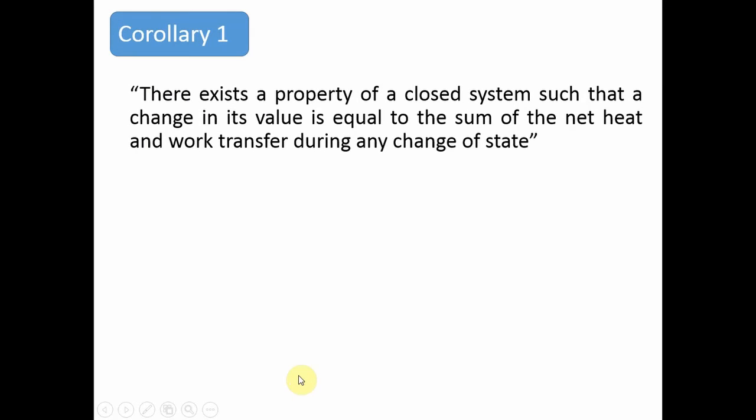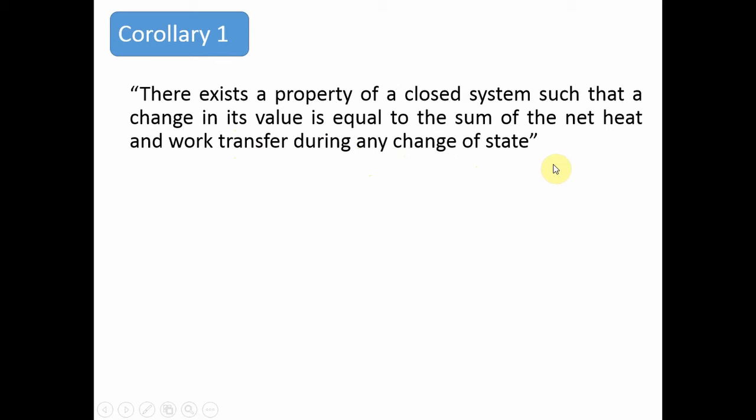The first law introduces 3 corollaries. The first corollary introduces the property internal energy, or broadly the energy of a closed system which is in equilibrium. The corollary says there exists a property of a closed system such that a change in its value is equal to the sum of the net heat and work transfer during any change of state.